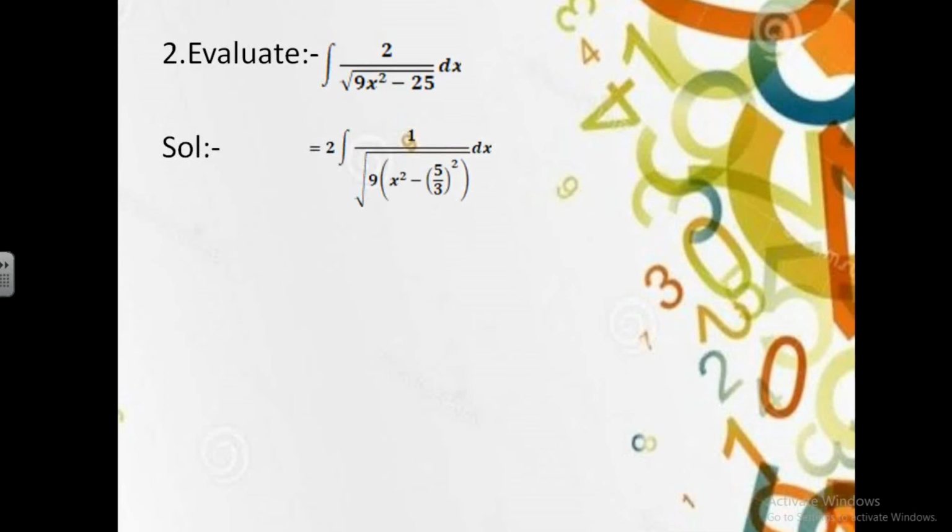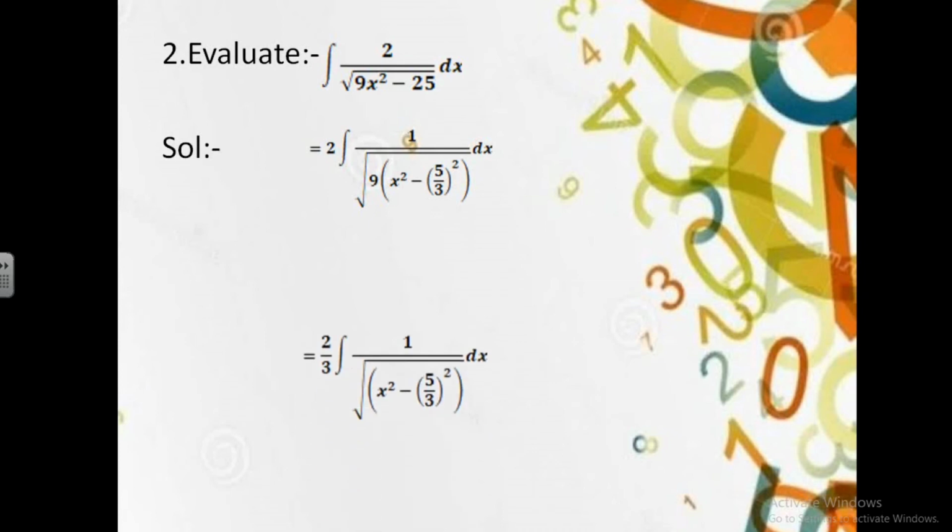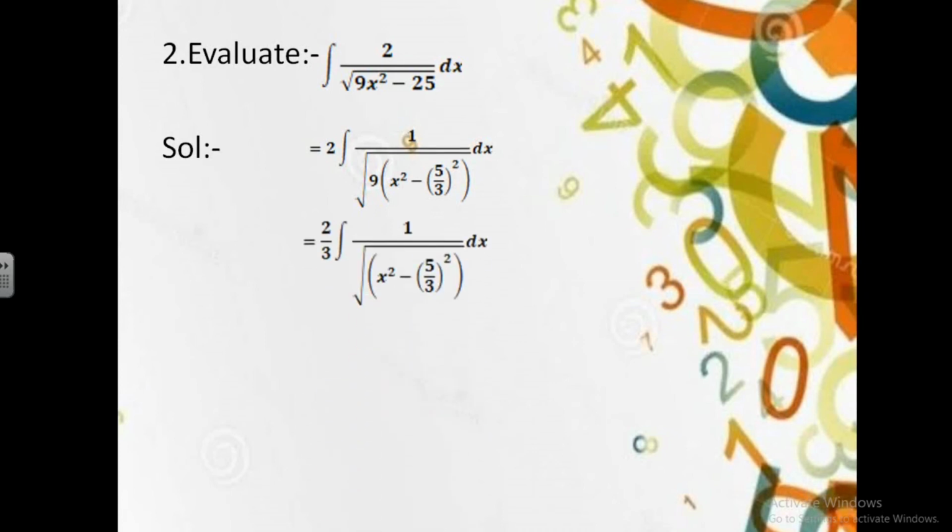For this I am taking 9 common from the expression, so it becomes 2 into integration of 1 by root of 9 into x square minus 5 by 3 whole square into dx. Here root 9 in the denominator is nothing but 3, so it becomes 2 by 3 into integration of 1 by root x square minus 5 by 3 whole square.